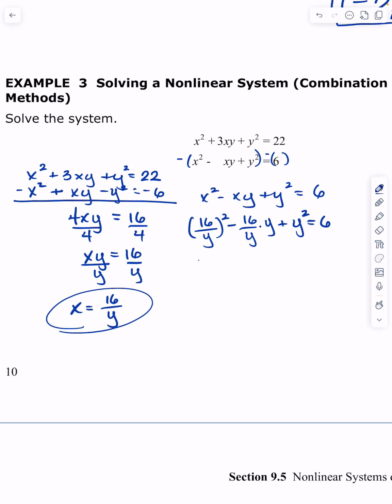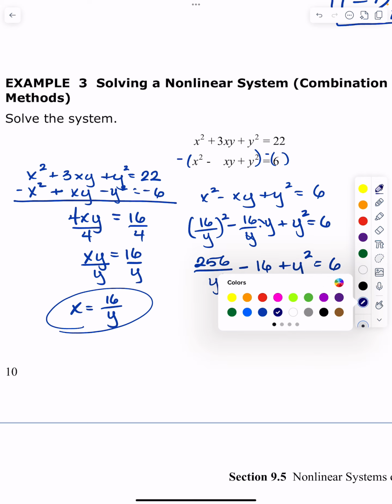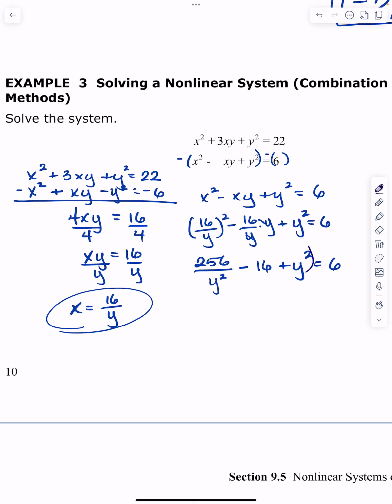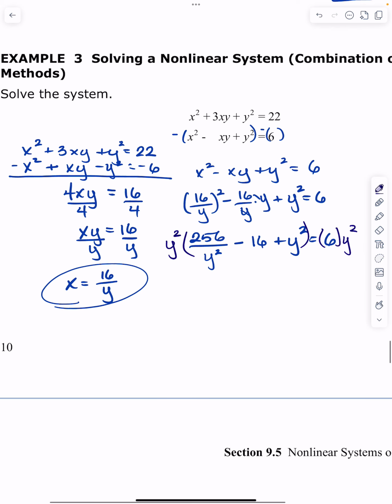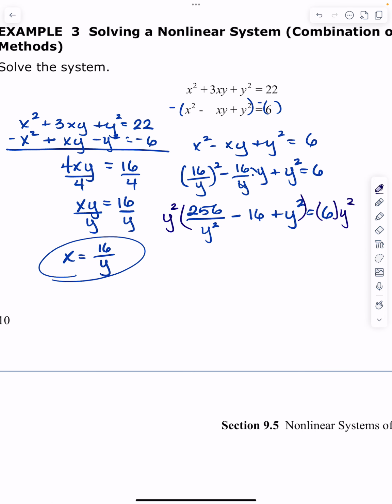So simplifying that, I get 256 over y squared minus, the y's here cancel, 16, plus y squared equals 6, which does not look like a whole lot of fun.